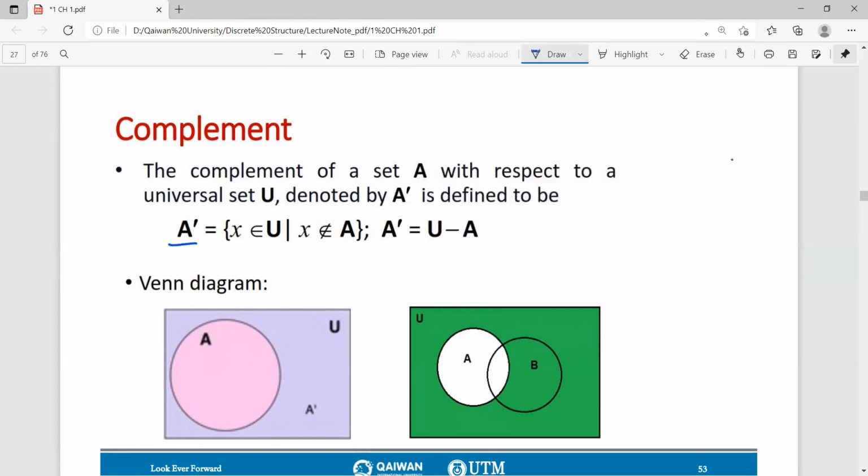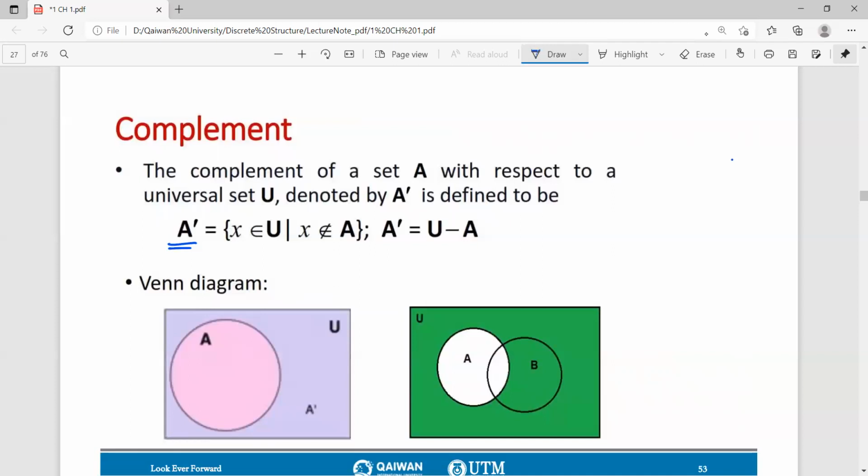We say A prime is the set of elements which are in the universal set, but not in the set A.